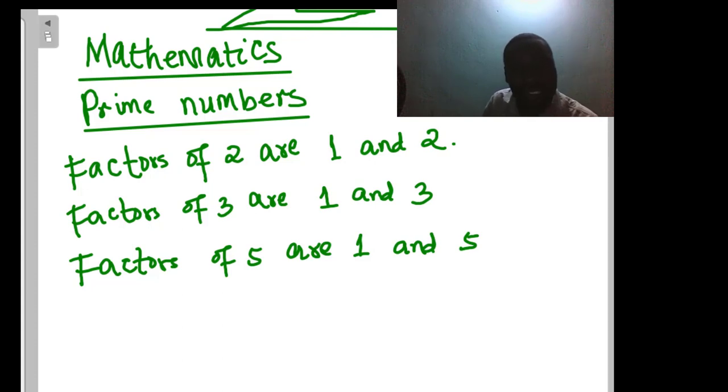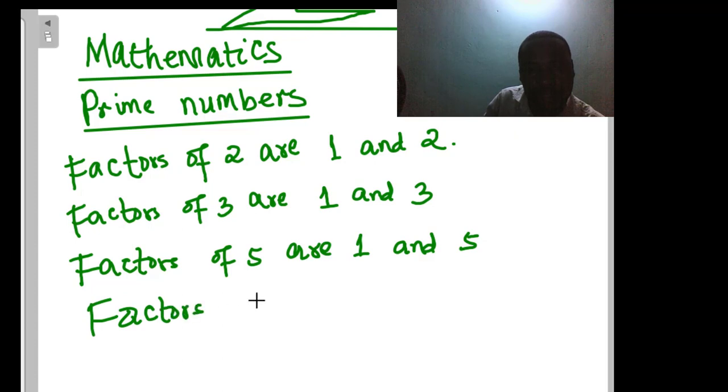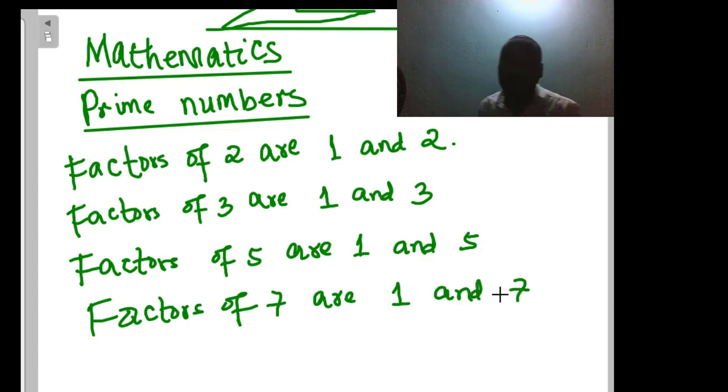The same thing with 7. Factors of 7 are 1 and 7. Now, there are plenty of these numbers. We call these numbers prime numbers. They are numbers that have only two factors.